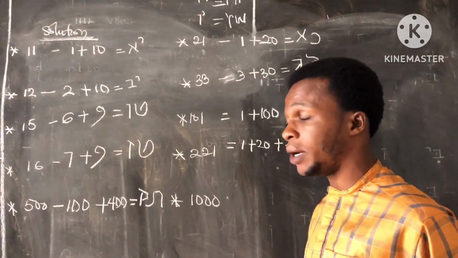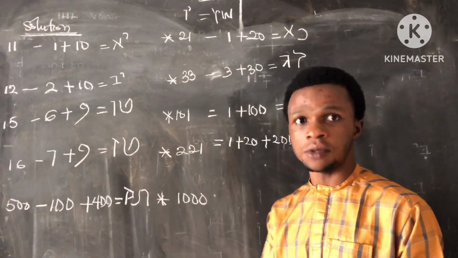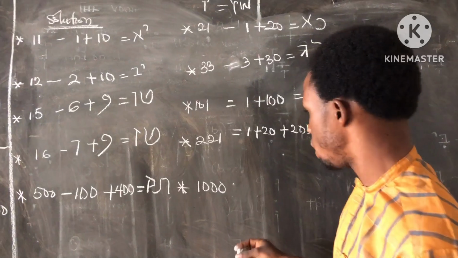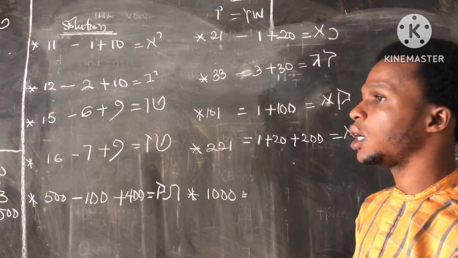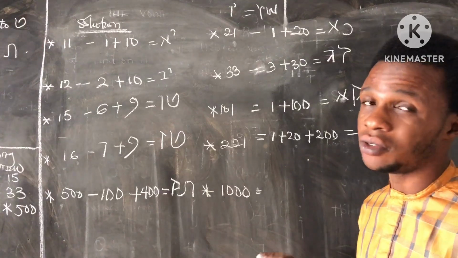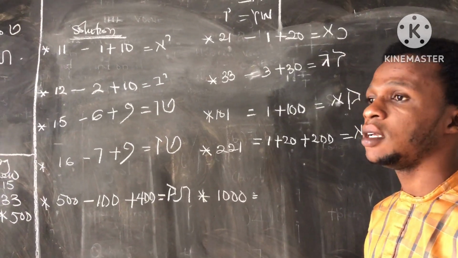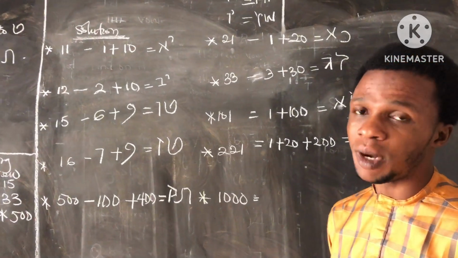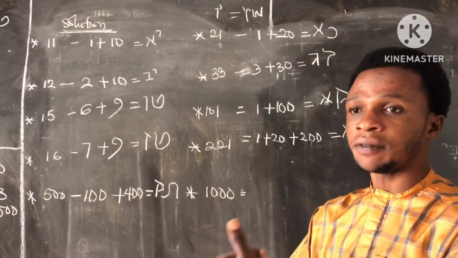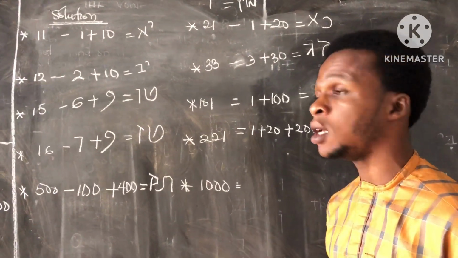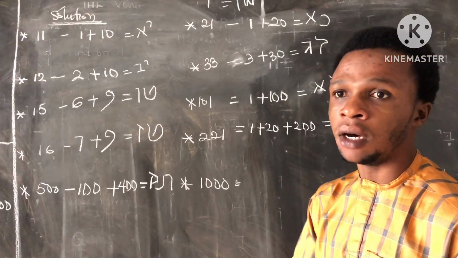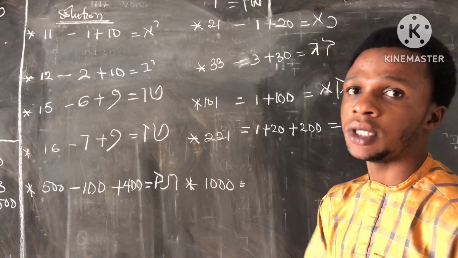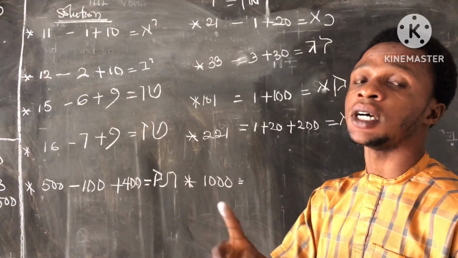We still have other numbers. You can just follow this step and you're going to get it. The last one is 1000. We can break 1000 down into sets of 100, but to save the stress of having something longer, let's break it into 200, 400, and 400.